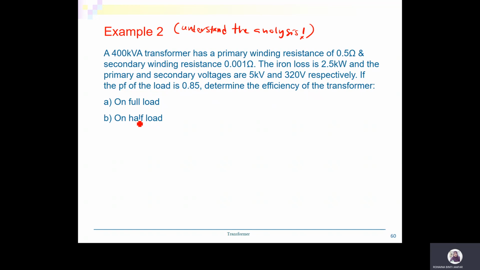So first of all, we have to identify the information given. So 400 kVA is your S value, or apparent power value.